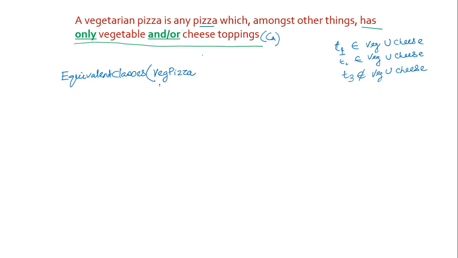So object intersection of, and the intersection is between pizza, let me indent it a bit more, pizza, and the all values from restriction. So object all values from, right?